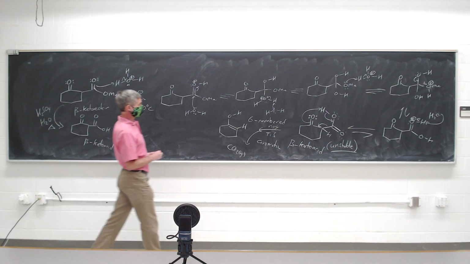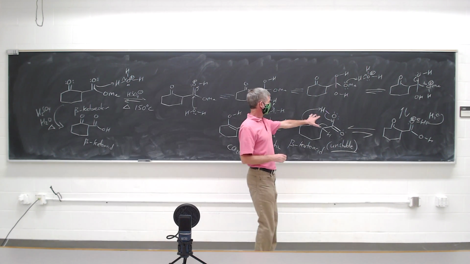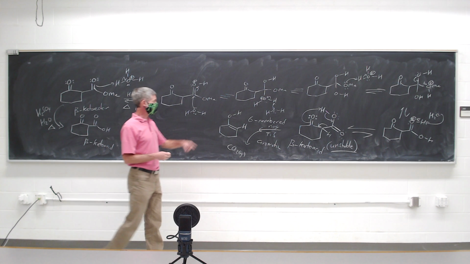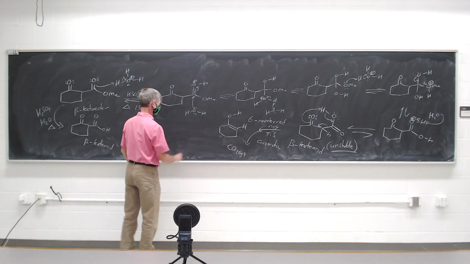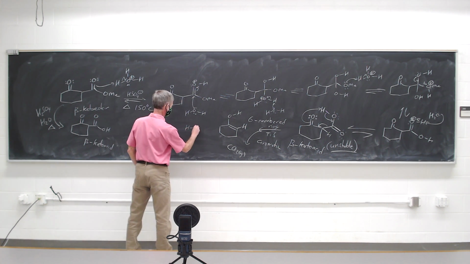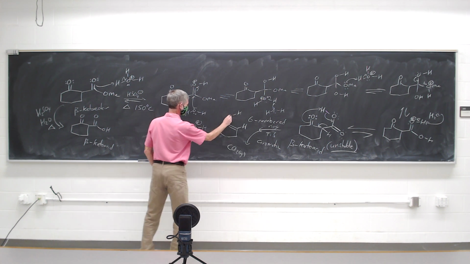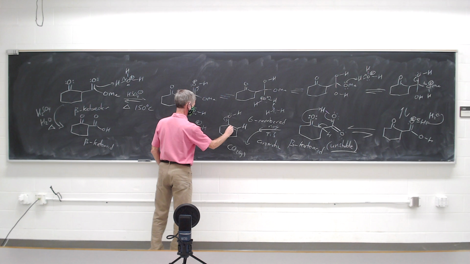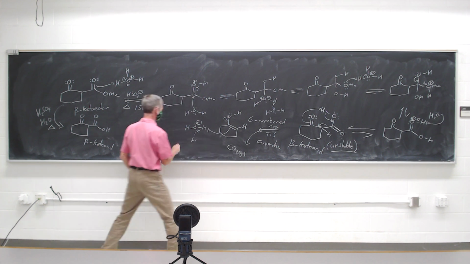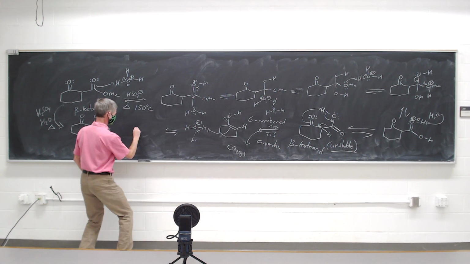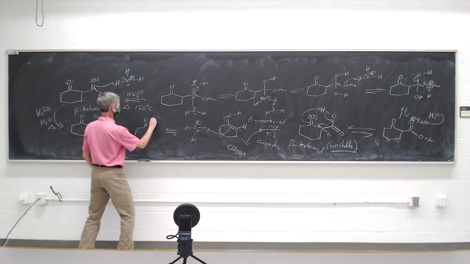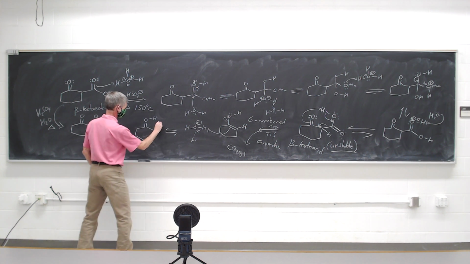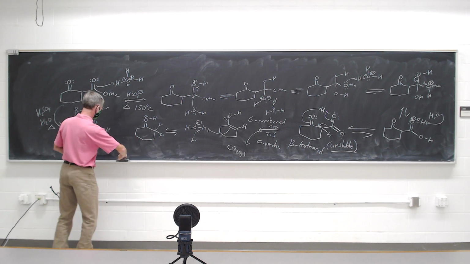If you've got a slightly more concentrated acid and you heat it, this 6-membered ring transition state to blow out CO2 and form the enol is going to happen. And then you can do a tautomerization to generate the product.